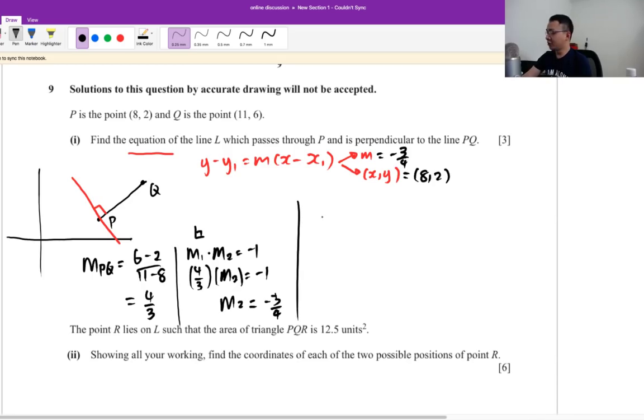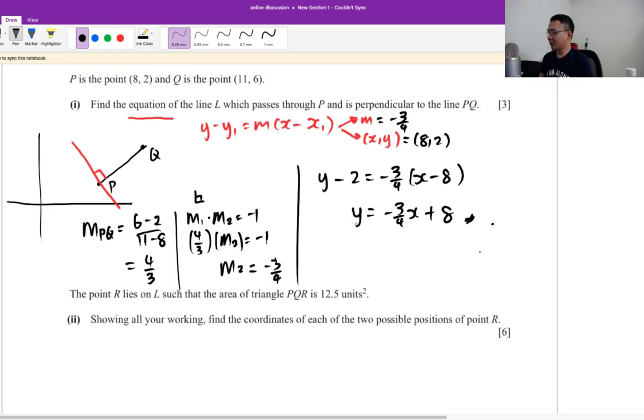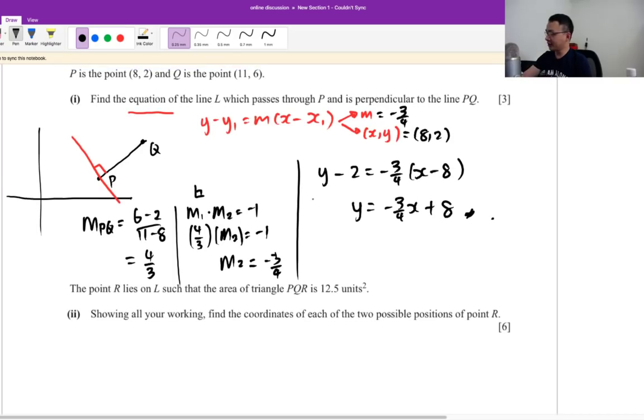Just y minus 2 equals negative 3 over 4 times x minus 8. Then I will solve this: negative 3 over 4 x plus 6 plus 8. Alright, this is how we solve this kind of question. Let me label it because later we need to use it. This is the equation of line L.